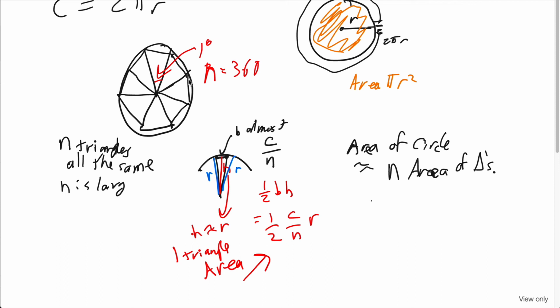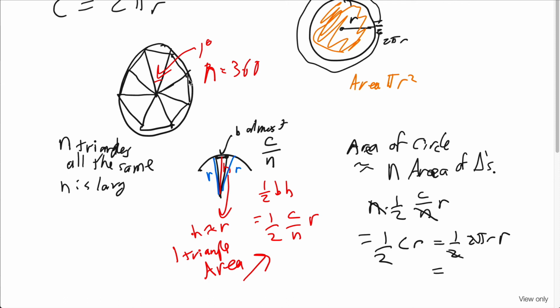So what do we have? We have n times 1/2 c over n times r. The 1/2 came from the triangle's 1/2 base times height; c over n was the base, r is the height. Well, n times this thing with an n in the denominator gets canceled. We have 1/2 C r, and C was 2 pi r, so we have 2 r's.